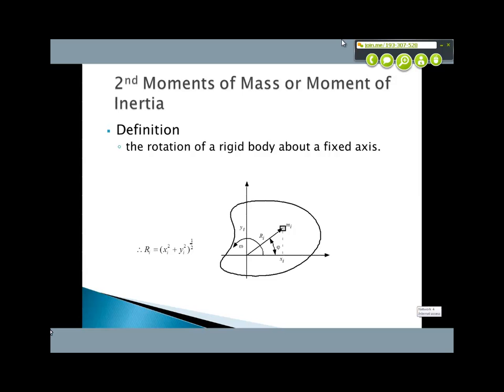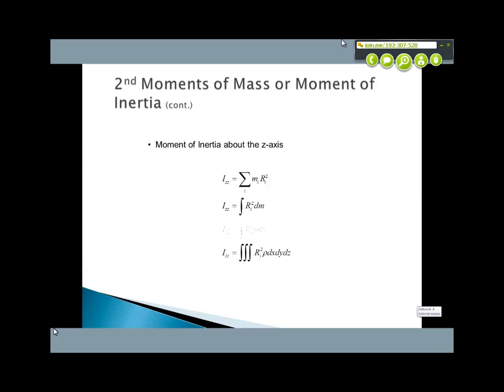And so IZZ is what we're looking at here, and you take a simple mass element, you calculate its radius from some axis, some rotation point, and you determine what R is for that little mass element, and you do that over and over again, collecting up all of its, the summation of all of those little masses.